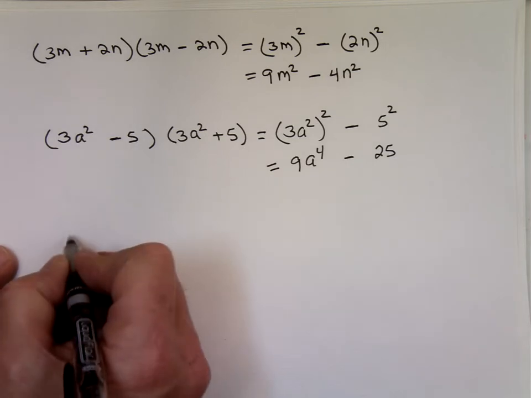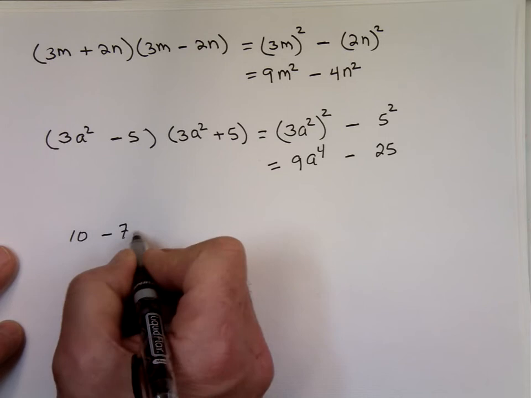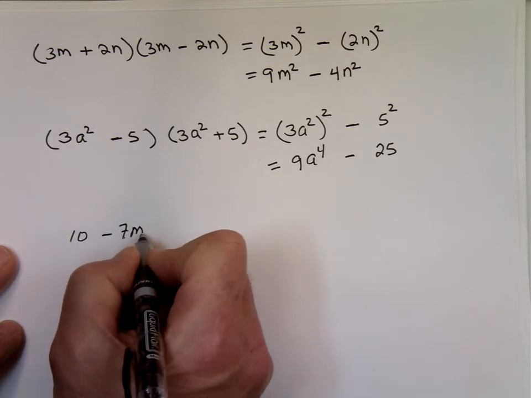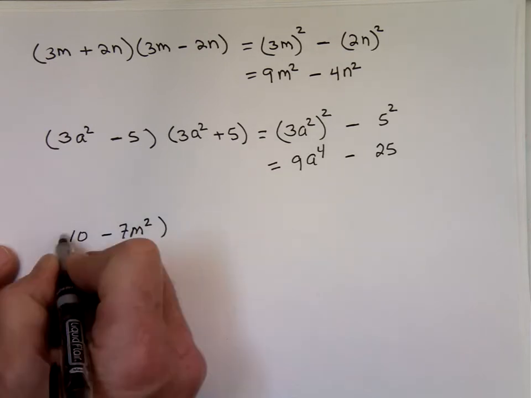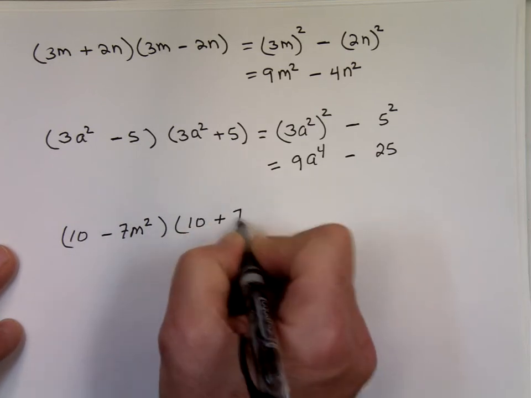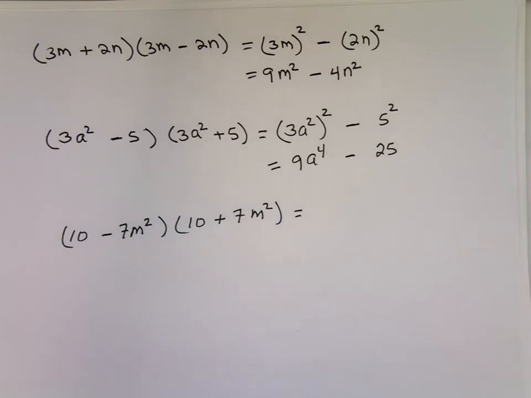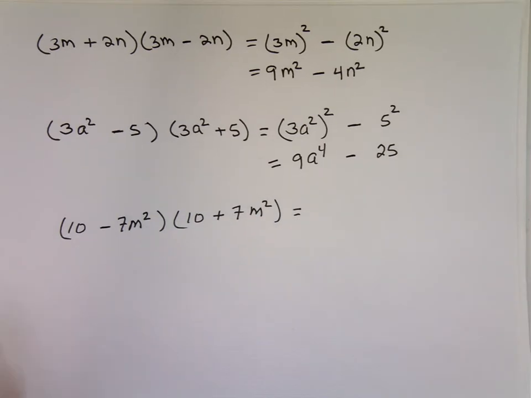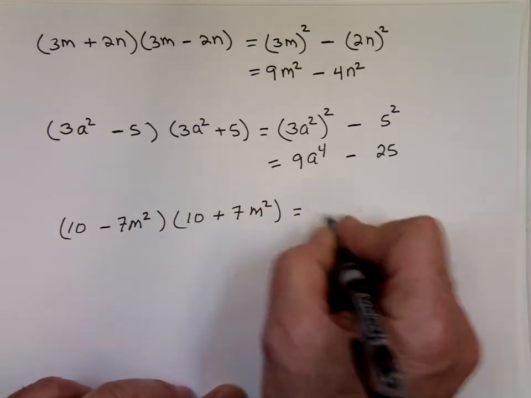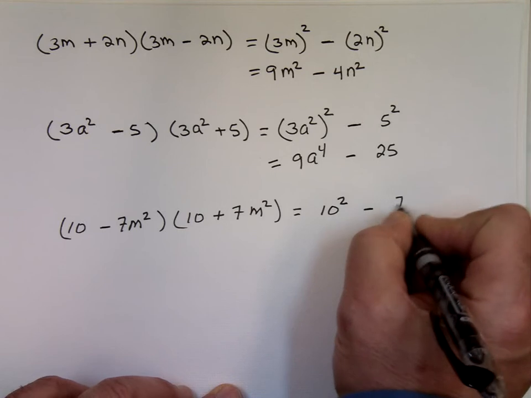Ten minus 7m squared times 10 plus 7m squared. Take the first one, square it, minus take the second one and square it.